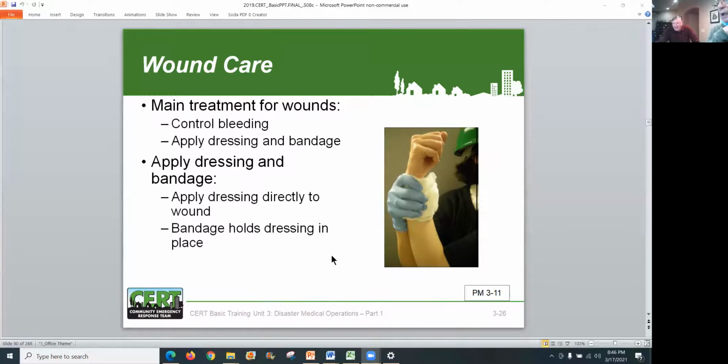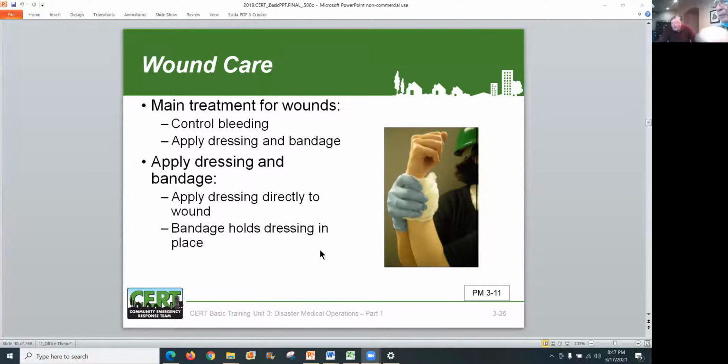Okay, so I'll just review that to make sure you put on a bandage that's appropriate. For our treatment, you're going to be putting on a Band-Aid or a covering that will do the job of keeping it clean and moist.